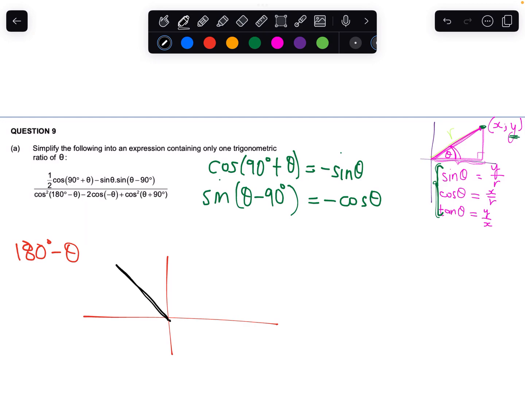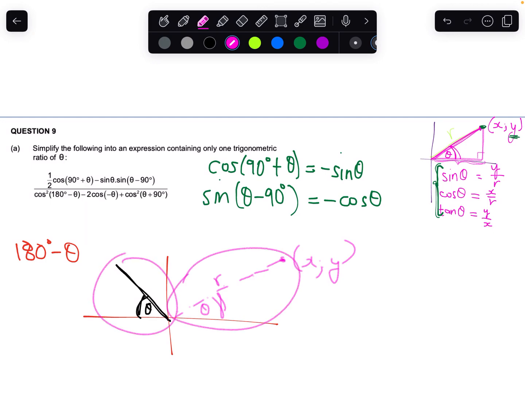So this over here will be theta, right? And this one is pretty simple to work out, like if this is our original theta where the coordinates are x and y, and this is r, so this is a reflection of this, right, in the y-axis.